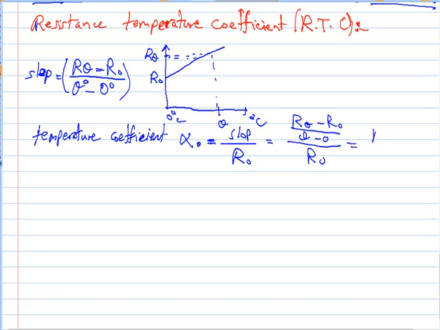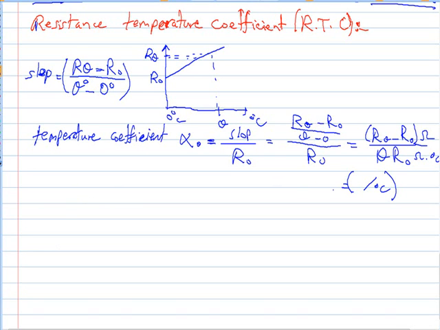This will give us R theta minus R0 over theta R0. And we have here ohm, and here is ohm degree Celsius. So the unit of alpha, the temperature coefficient, is per degree Celsius.